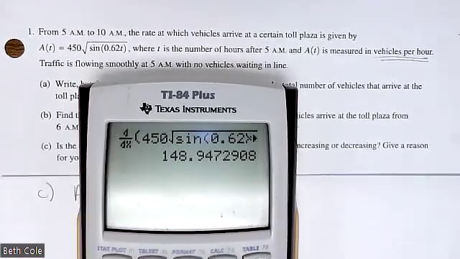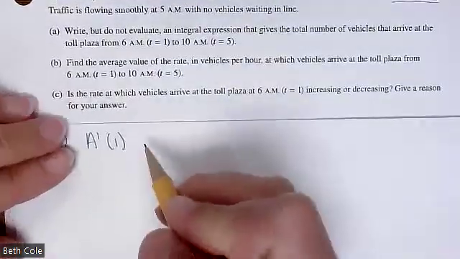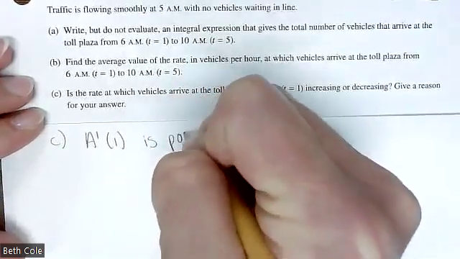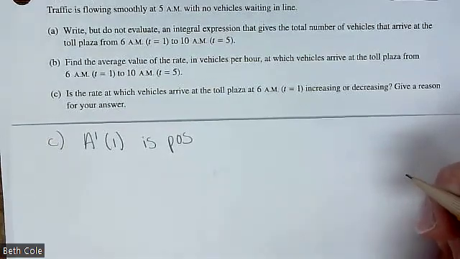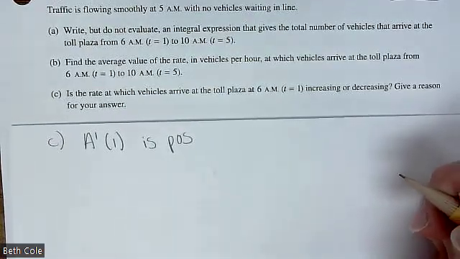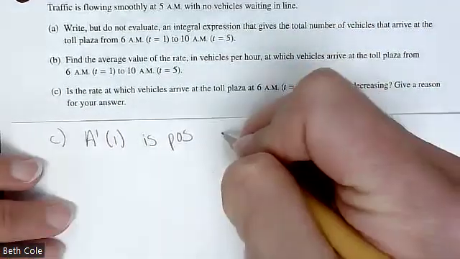Don't write that number, because in the event you mistyped and it's wrong, it'll be wrong. All you need to do is say that a prime of 1 is positive. That's good enough. Because if you type it wrong, but somehow coincidentally end up with a positive number, you'll still get the points. Okay. So a prime of 1 is positive, and that's sort of your justification already.